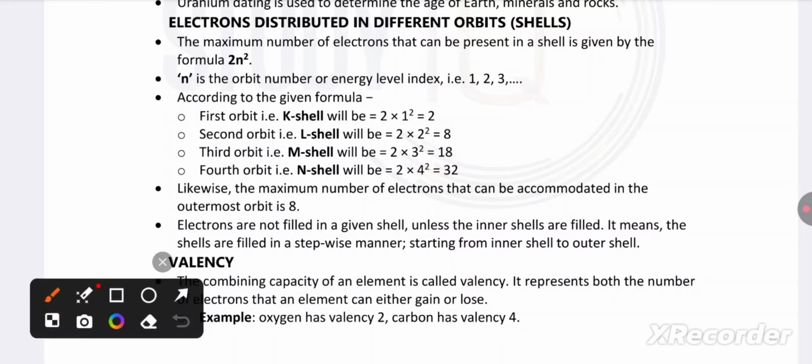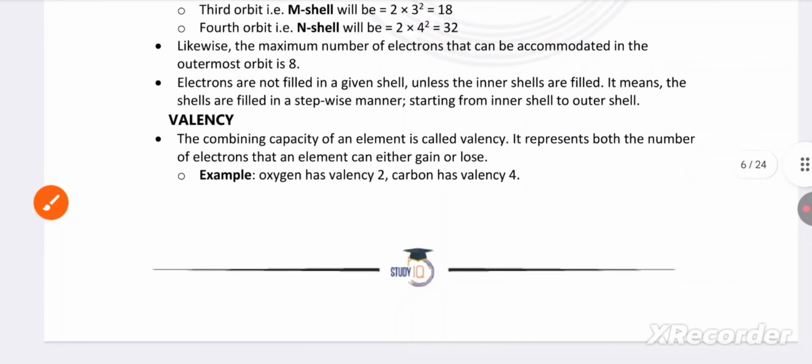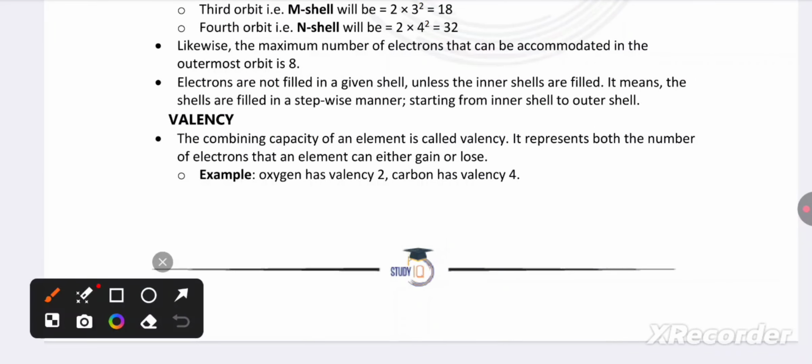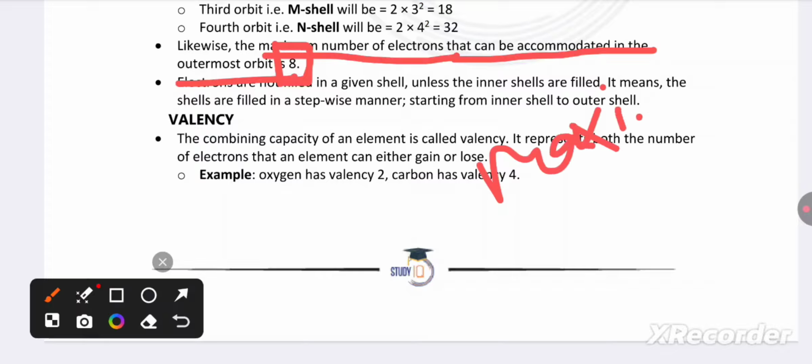According to this formula, as I already solved this, just take a look at it. This is very important. The maximum number of electrons that can be accommodated in the outermost orbit is 8.